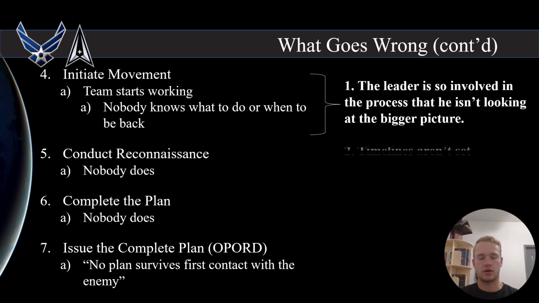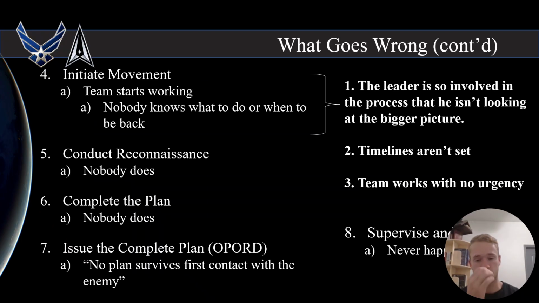Okay, continuing on with our 8-step process and what usually goes wrong with it. Next is initiating movement. What usually goes wrong in this category has to do with either the team or the leader.